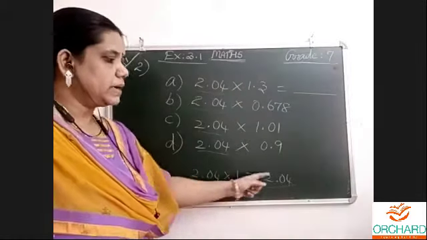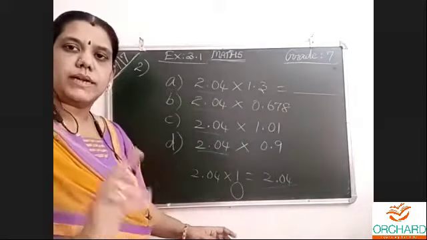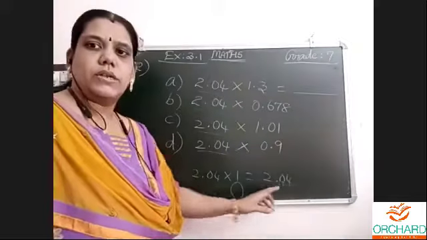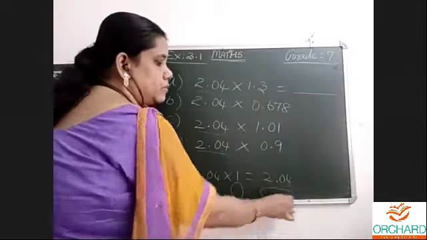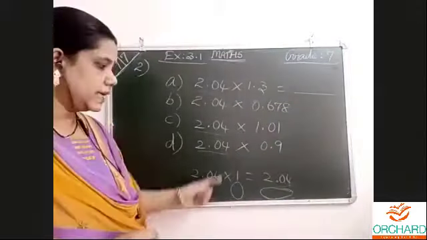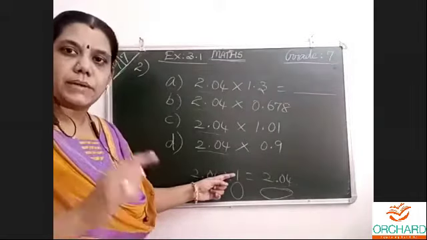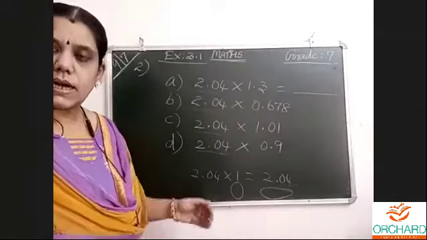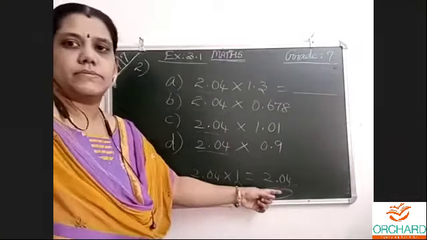So when we multiply by 1, same number. A into 1, A. B into 1, B. 2.04 into 1, 2.04. So we get the product more when the number we are multiplying, the multiplier, is more than 1.